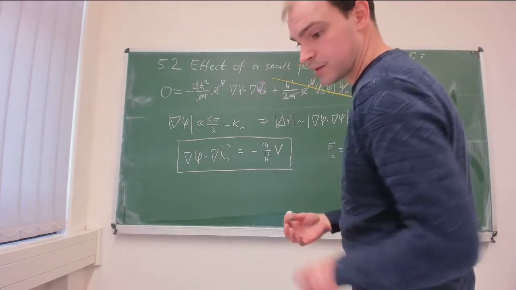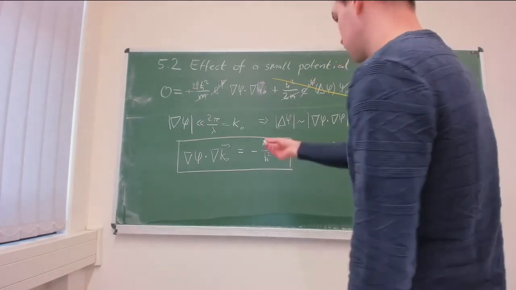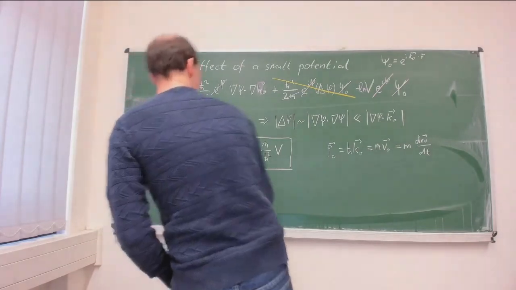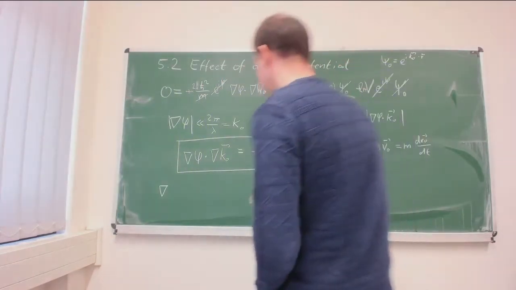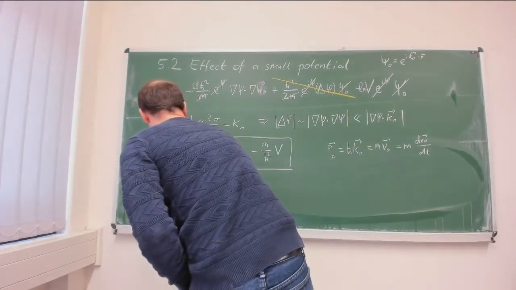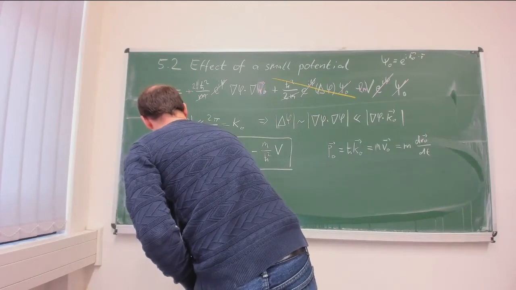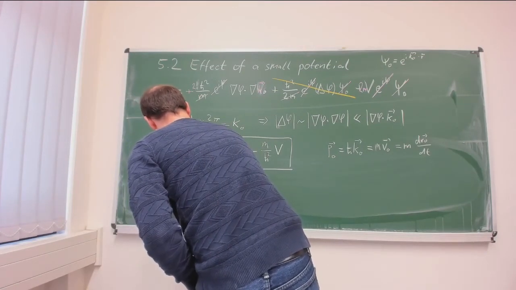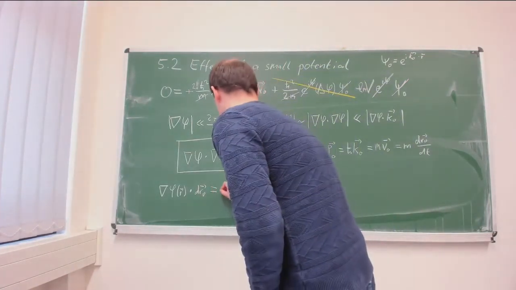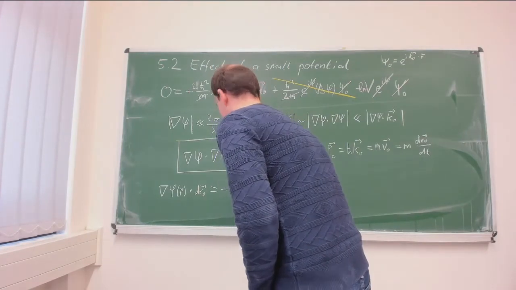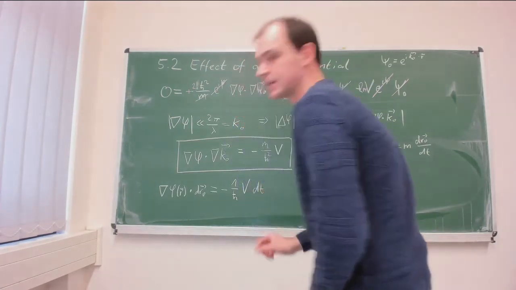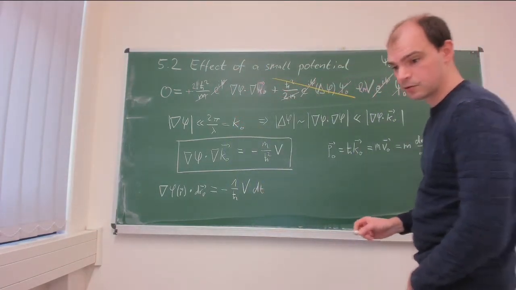If we insert this into our equation, then what we get is that we have gradient phi dot dr0 equals minus 1 over h bar v dt. And this we can integrate.